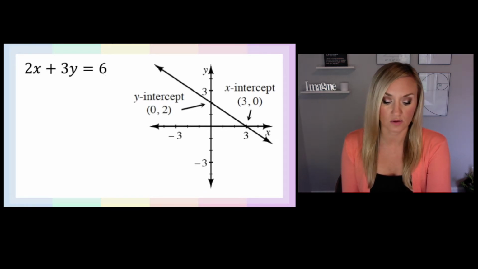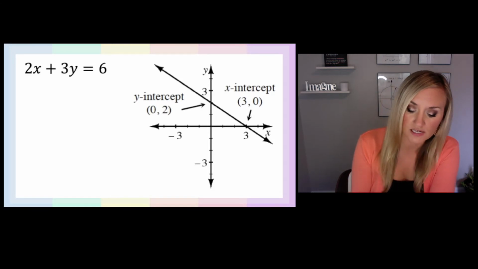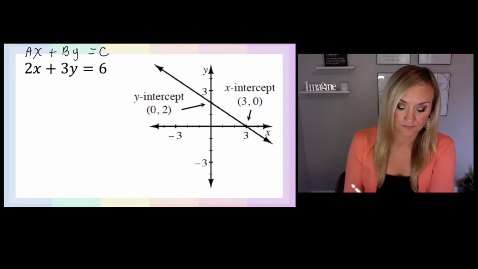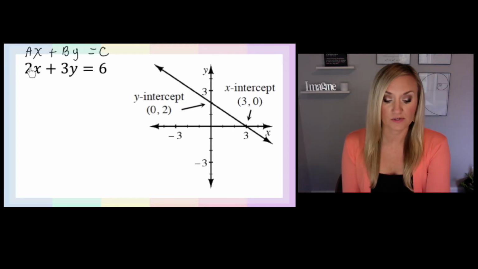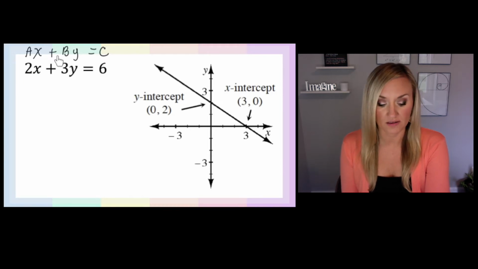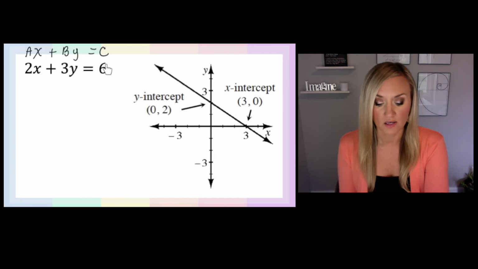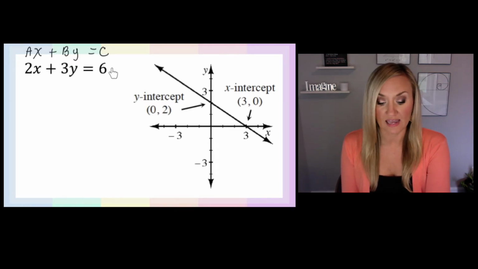So this is called standard form, and standard form is ax plus by equals c. A represents any number that can be before x, B represents a number that can be before y, and C is our constant, our number that does not have a variable term with it.